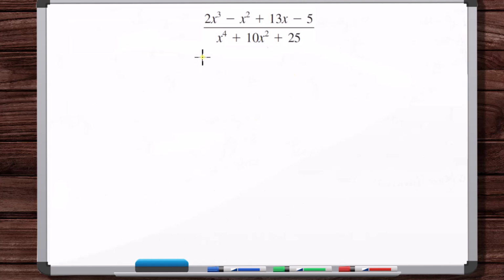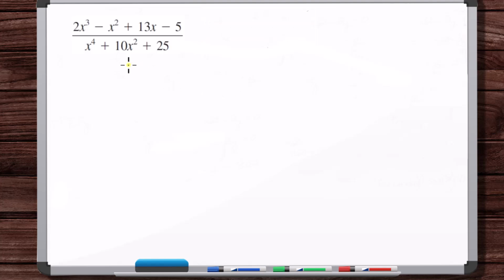Okay, step 1, check to see if the degree of the numerator is less than the degree of the denominator, and it is in this case. Okay, next, you want to fully factor the denominator. And so if we look closely here, we can see that this is x squared, squared, plus 10x squared plus 25.